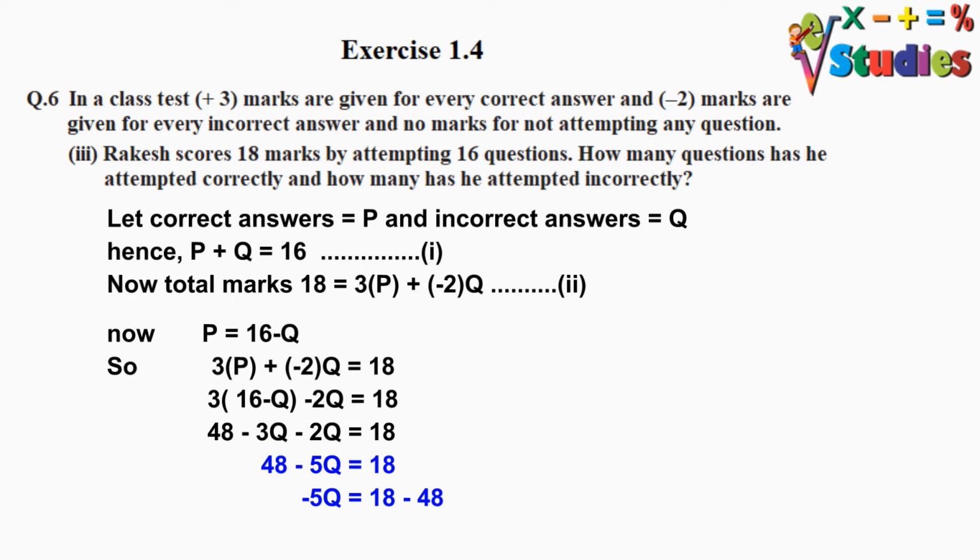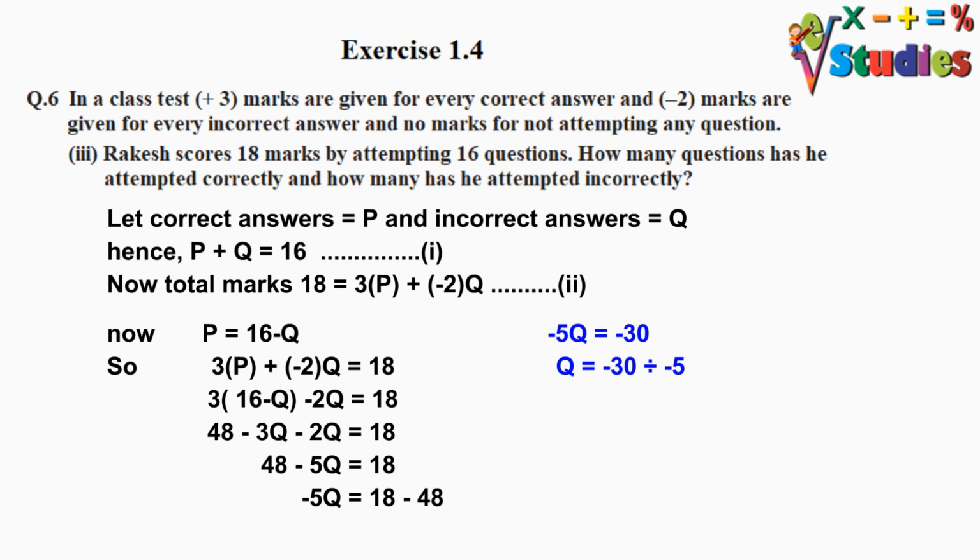In order to find the value of Q, we bring the 48 from the left hand side to the right hand side of the equation, so it will become negative from positive. So -5Q is equal to 18 minus 48. When we subtract 48 from 18, it gives us -30, and on the left hand side we have -5Q.